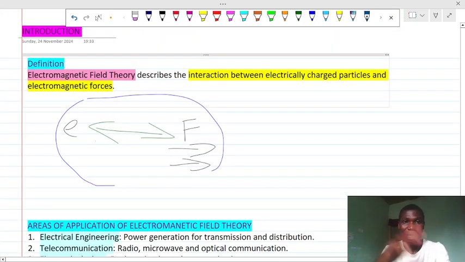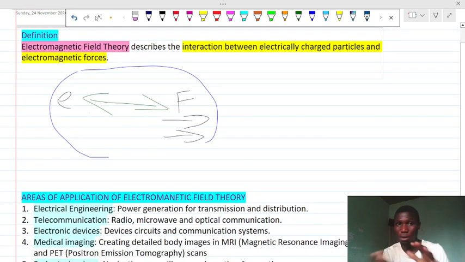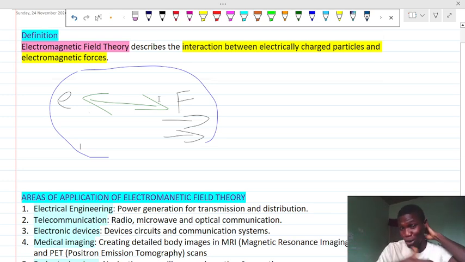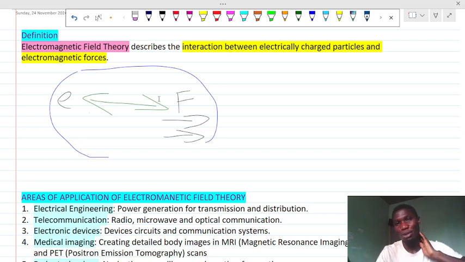After the definition, the next thing under introduction is the areas of application. Since we now know that electromagnetic field theory describes the interaction between electrically charged particles and electromagnetic forces, which areas in life is this applied to?